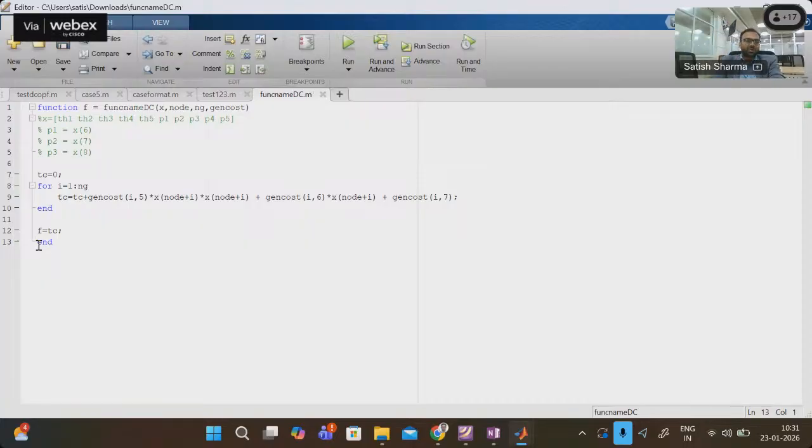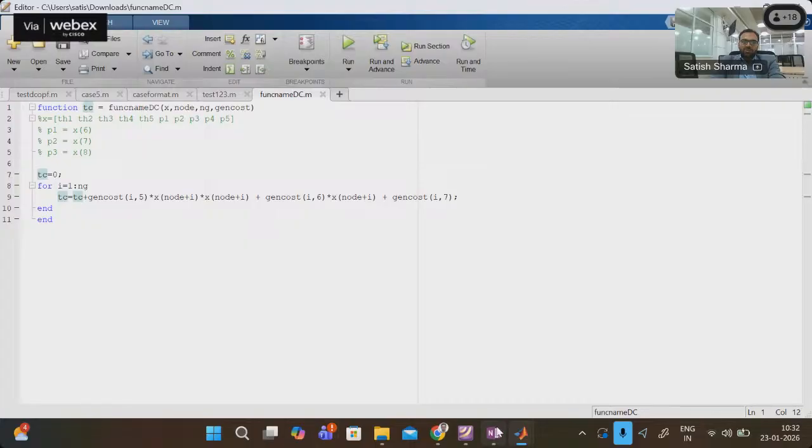So let me save this particular file, and I can even get rid of this line, f equals tc. Instead of f, I will return tc only. So this is my objective function file.